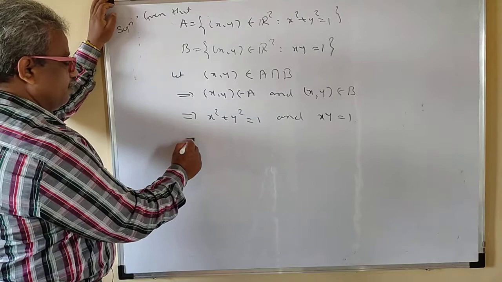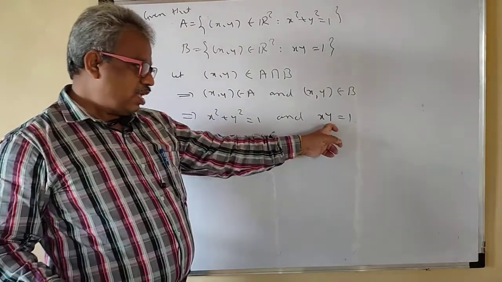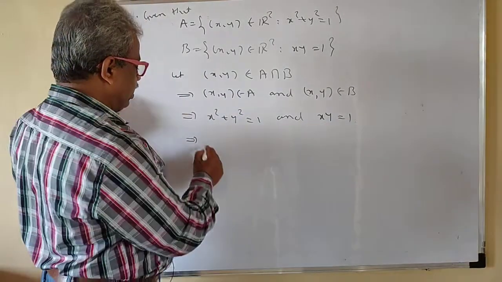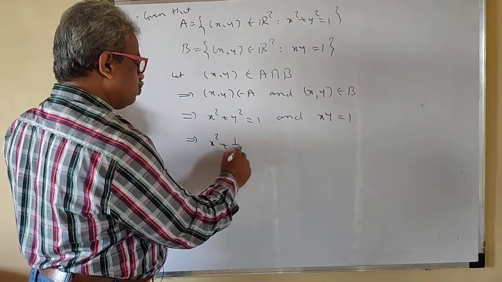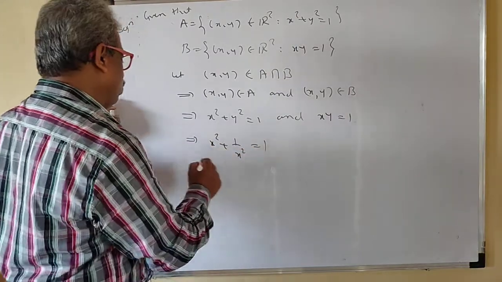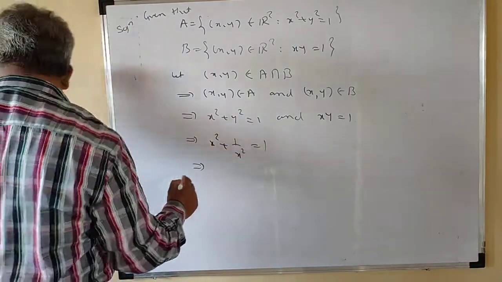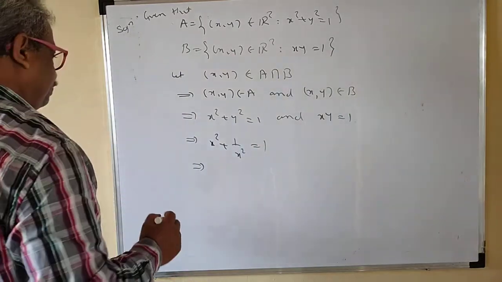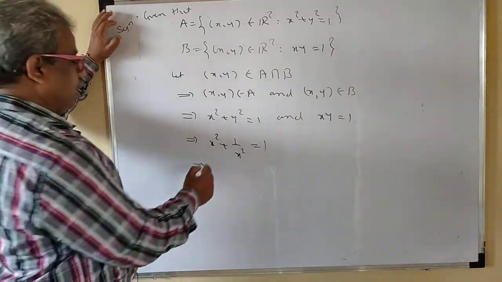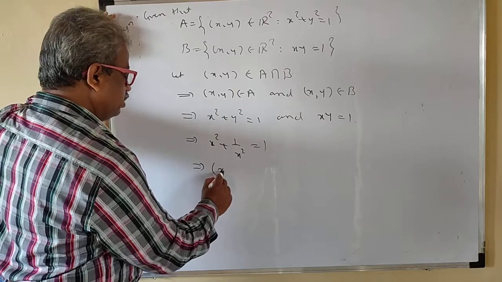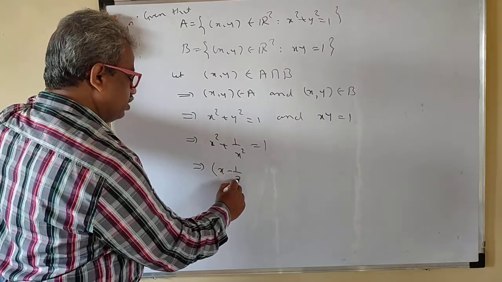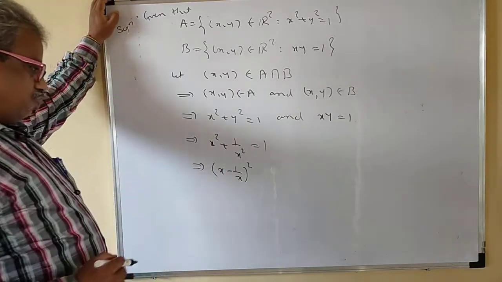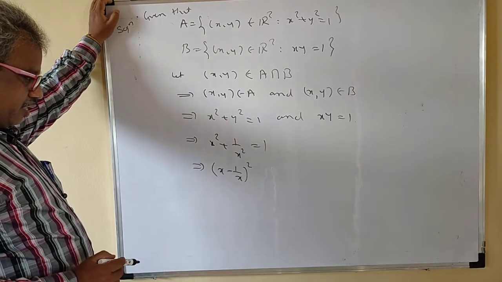So from both, the value of y is 1 by x. I will write this as x square plus 1 by x square is equal to 1. So I can write this as (x minus 1 by x) whole square.